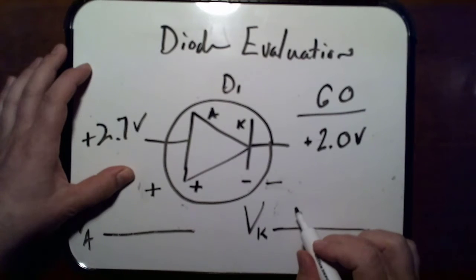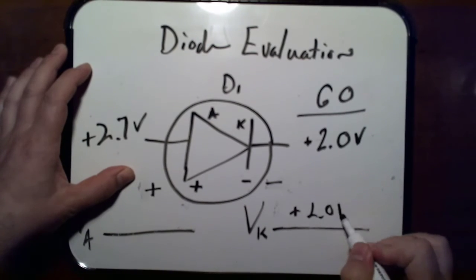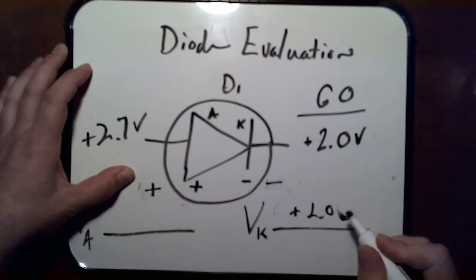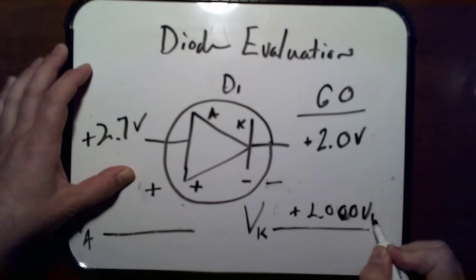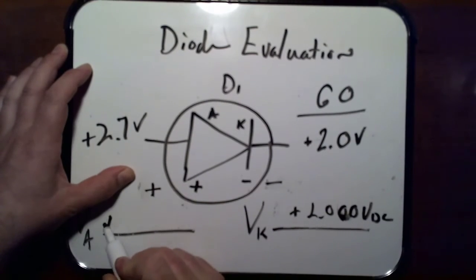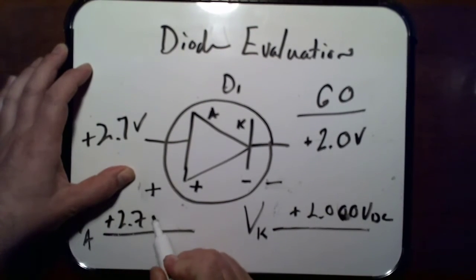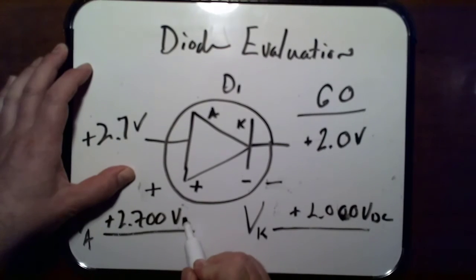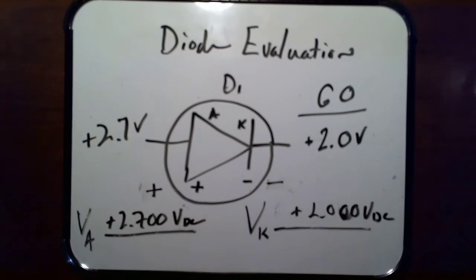My voltage at my cathode is plus 2.0 volts DC, and at my anode plus 2.7 volts DC. All right.